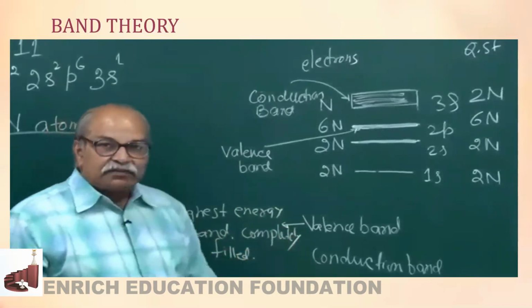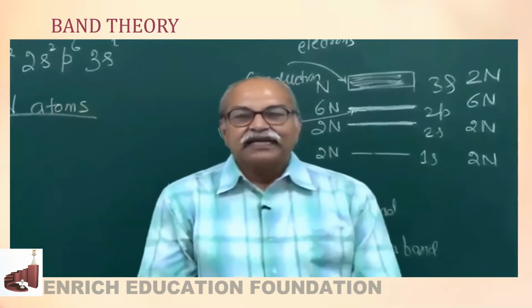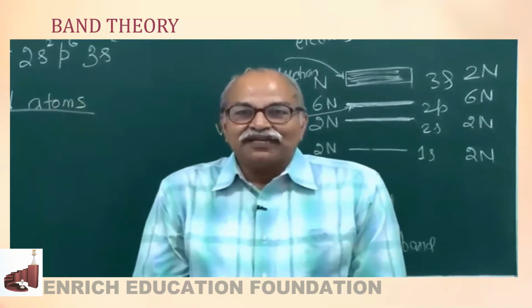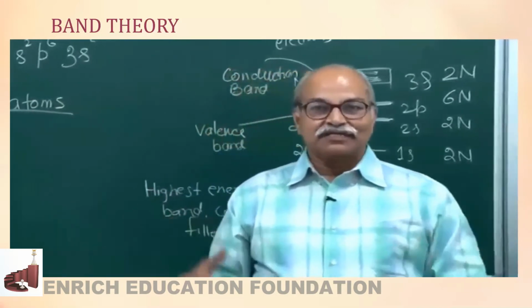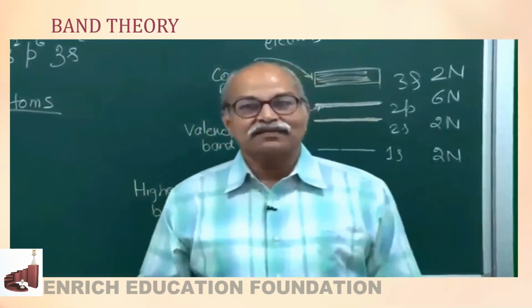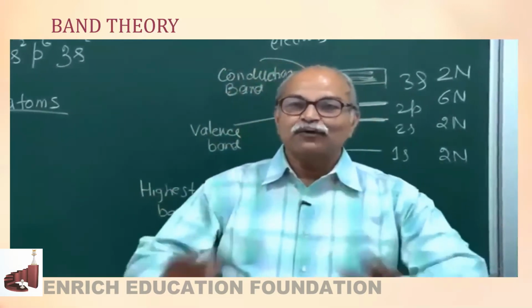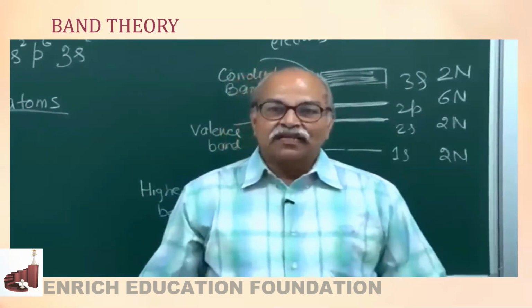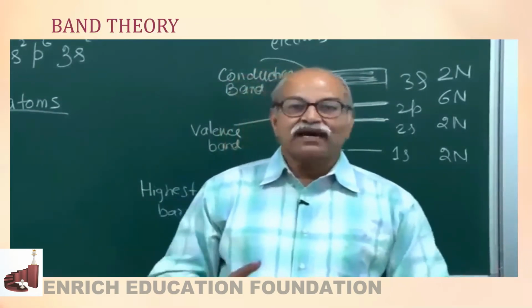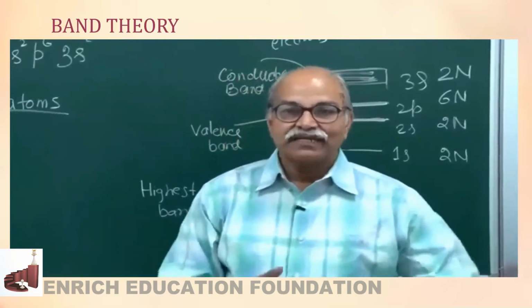And when I am saying completely filled, I am not taking care of any thermal interaction. In other words, I am treating this whole crystal, this whole solid, to be at a very, very low temperature, close to 0 K. In thermal interactions, energies are exchanged between the lattice and the electrons.